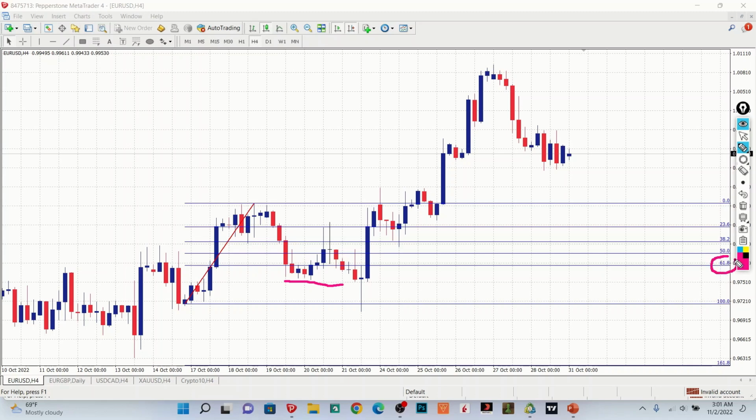That was a 61.8, and we say that 61.8 is a very strong level. So 61.8 acted as a level of resistance because it was hit once, then it hit twice, and then the price reversed upwards.